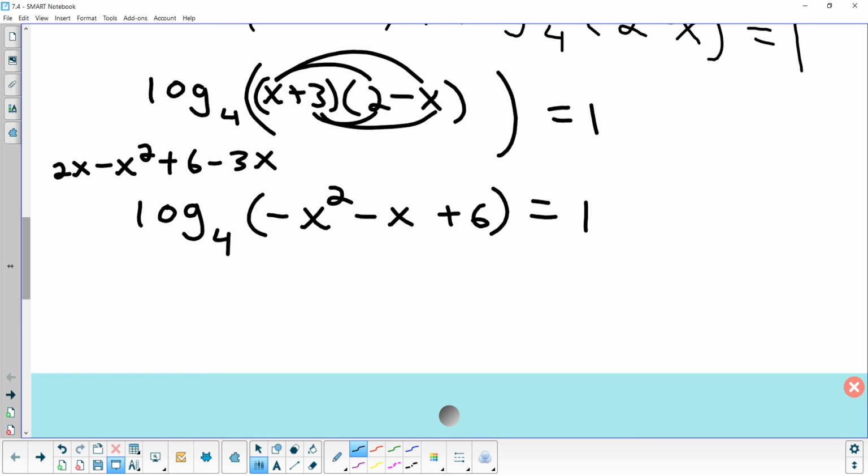Okay, so we had 2 logs, we combined them all into one, and now we have an equation in log form. That's as simple as it can get in log form. So what else could we try to do from here? And this is actually the first thing I taught you, what you can do with a log equation.